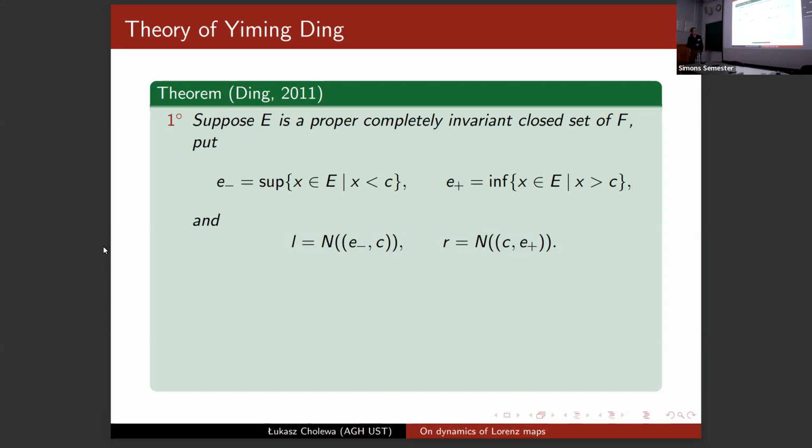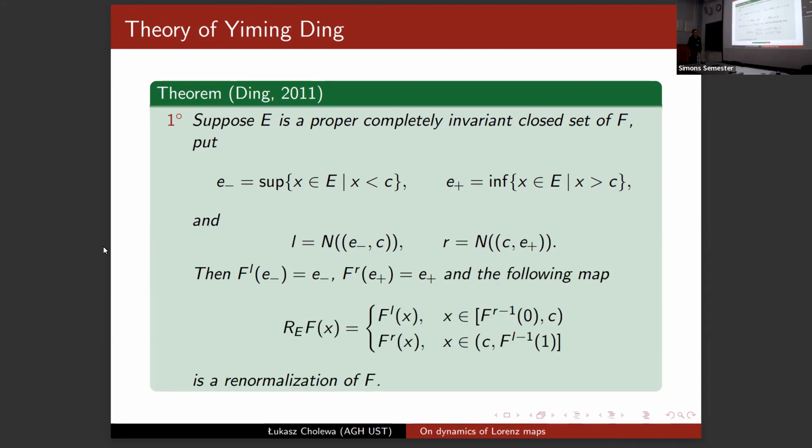Then I compute L and R. So I look at the first iteration when the interval from E minus to C covers the critical point C, and the same for the other one. And then it turns out that point E minus is L-periodic and E plus is R-periodic. And moreover, the following formula gives us a renormalization of map F.